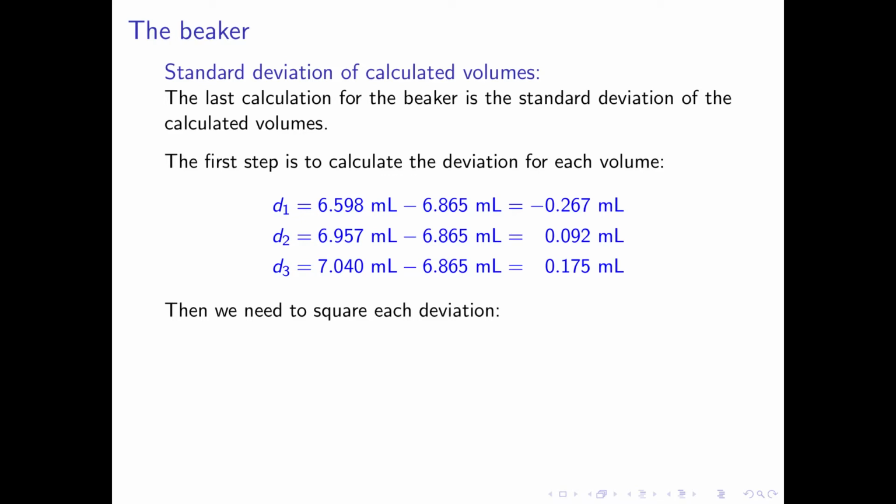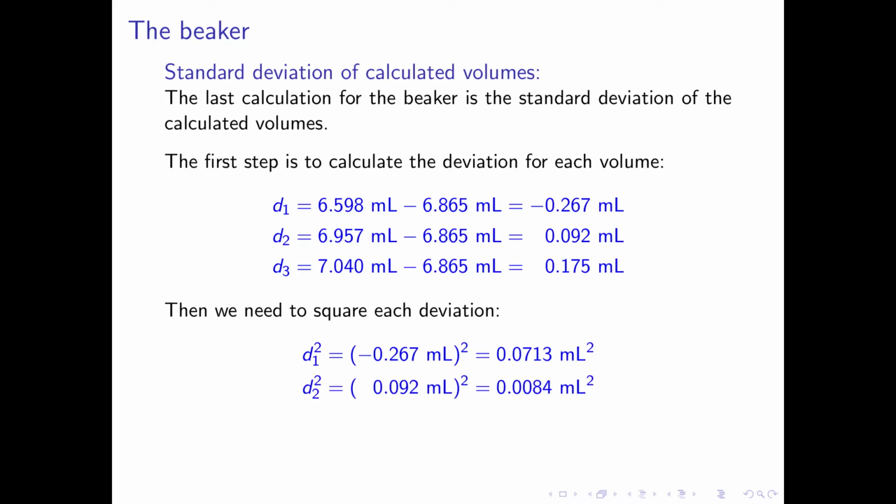Next, we need to square each of the deviations. The square of the first deviation is negative 0.267 milliliters squared, which is equal to 0.0713 square milliliters.